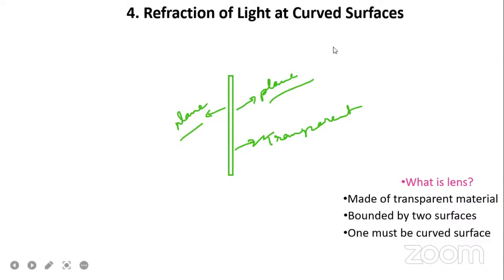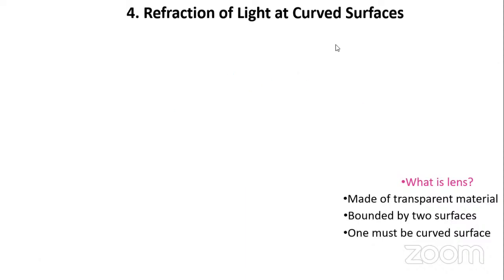So what are lenses? They are made of a transparent material medium bounded by two surfaces, and at least one must be a curved surface. Then it is called a lens. Then what happens to the light?